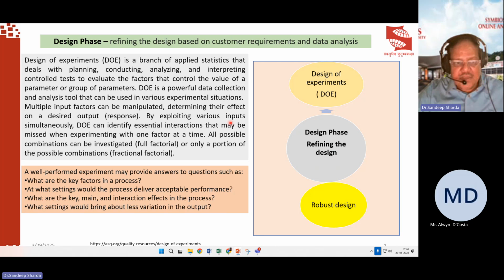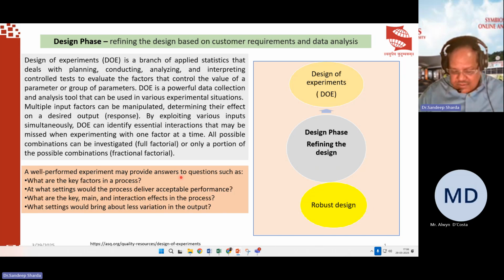By exploiting various inputs simultaneously, DOE can identify essential interactions that may be missed when experimenting with one factor at a time. All possible combinations can be investigated, full factorial, or only a portion of them.